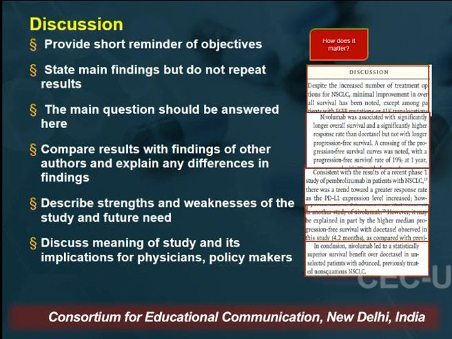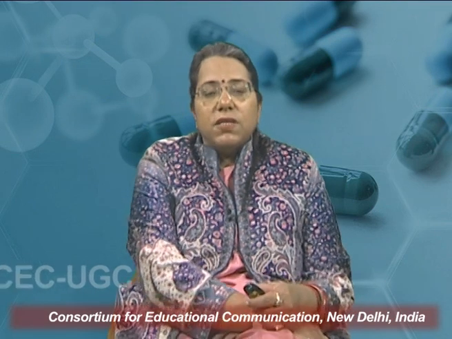Then compare results with the findings of other authors and explain any difference of findings. This is what I said earlier also, reiterating again and again: this is the part where you need to compare your results with the findings of other authors and explain why these differences came about. For example, a similar study was conducted in Japan, and now you conducted this in India.